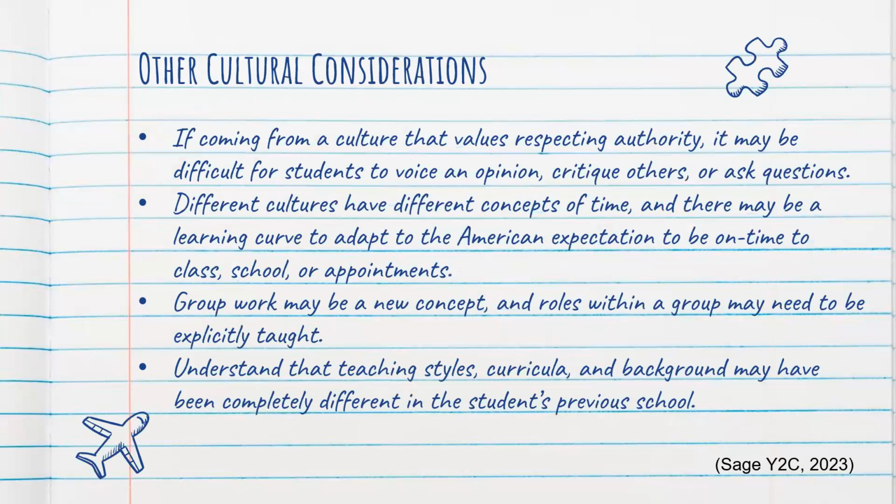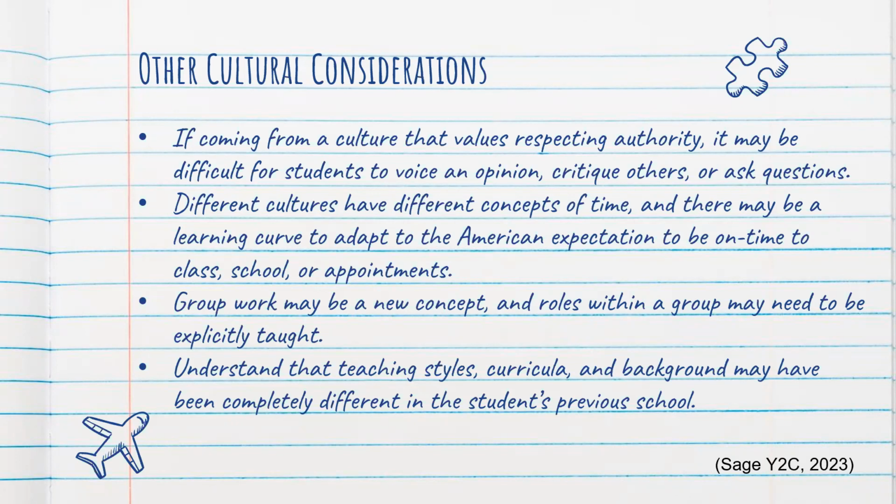Some other cultural considerations to understand is that in other cultures, they may very much value respecting authority in a different way than it is seen here in the United States.